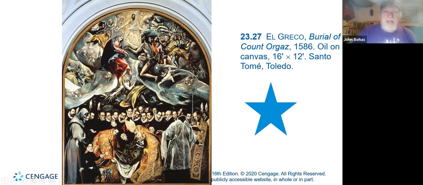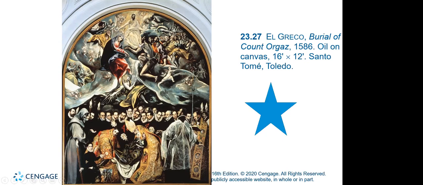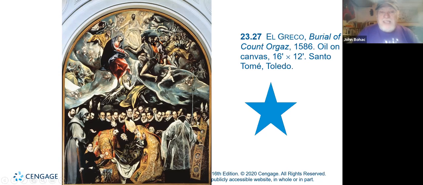And then you see up here, there's Jesus, and we see all of the saints and angels, and it's all elongated and it uses dark color.